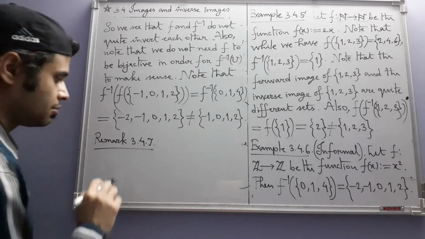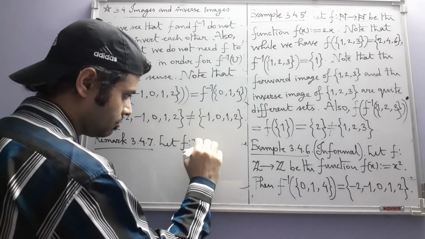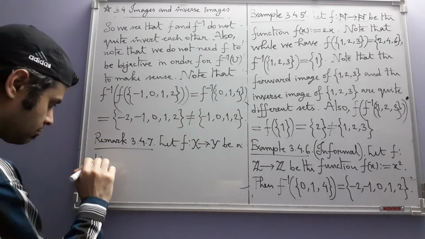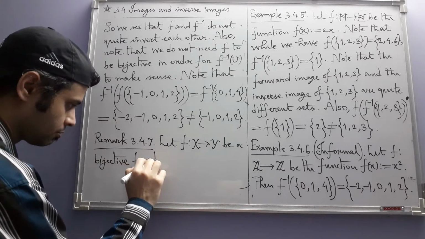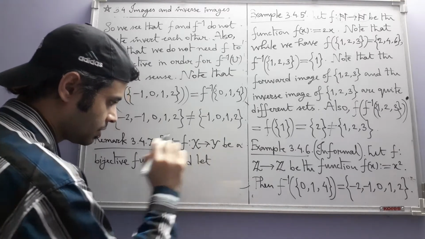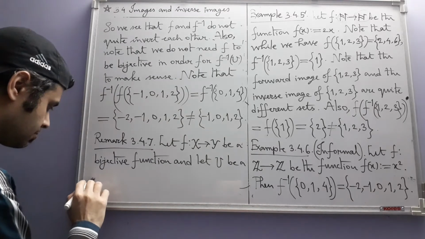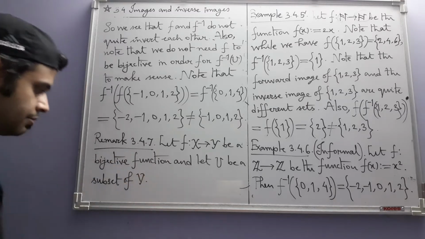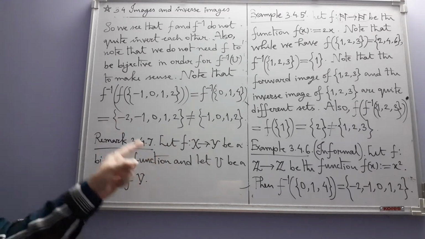Okay, now we are going to consider bijective functions. Let f from X to Y be a bijective function, and let U be a subset of Y. Okay, so U as usual is a subset of Y, but now our function is special.